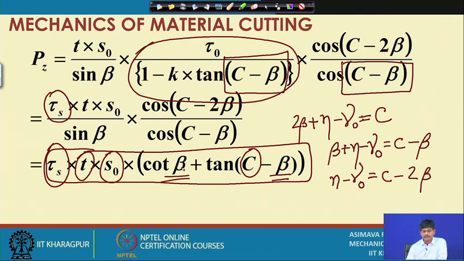So, we will have in the next lecture some numerical problems in which we can find out the force components during orthogonal turning. Okay. Now, let us move on to the next subject of discussion.